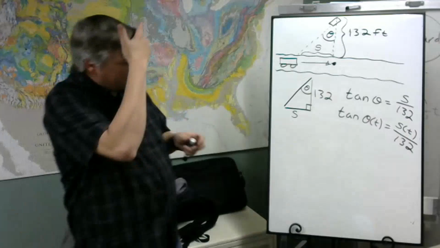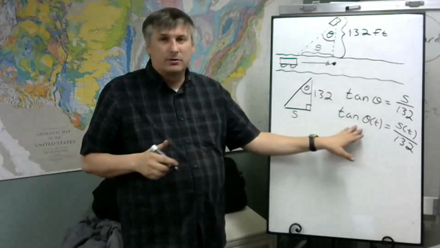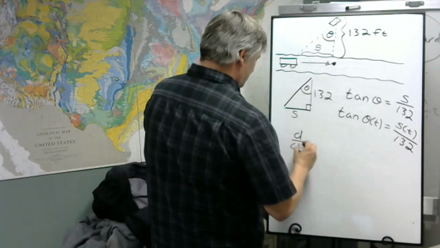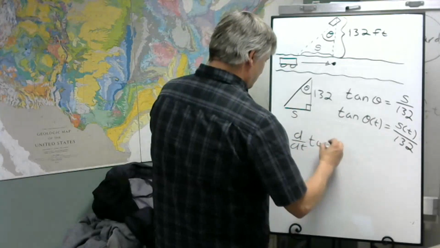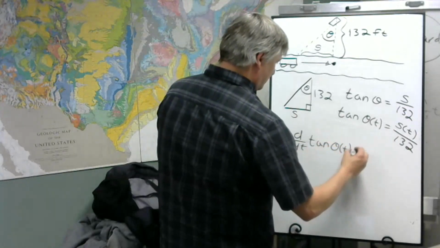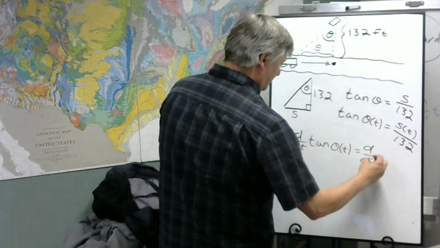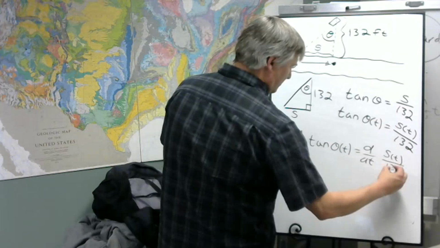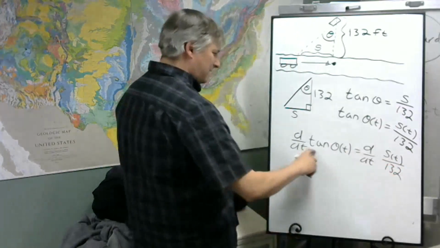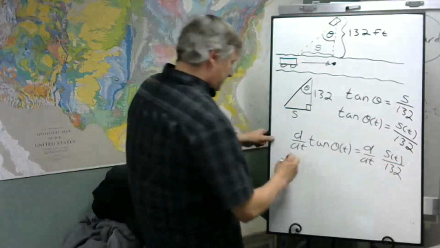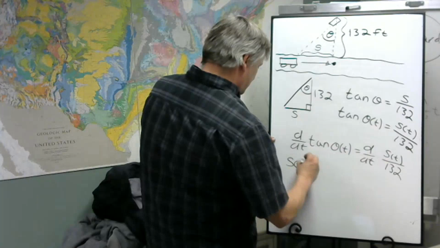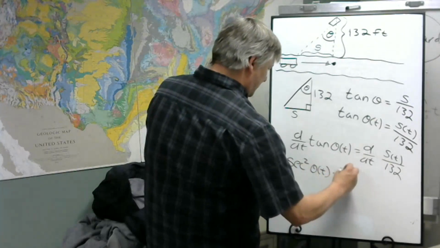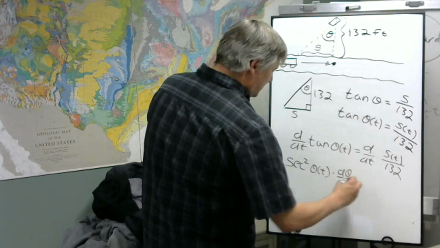So now what we can do, take the derivative of both sides. Now this, again, we're going to use chain rule. So we get a secant squared theta of t times d theta dt.